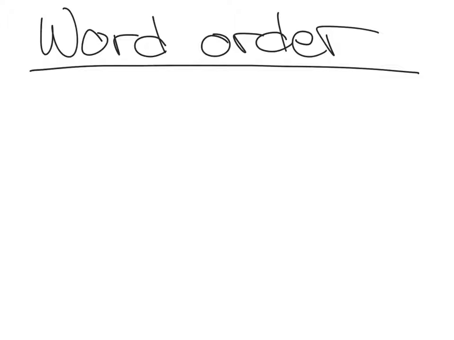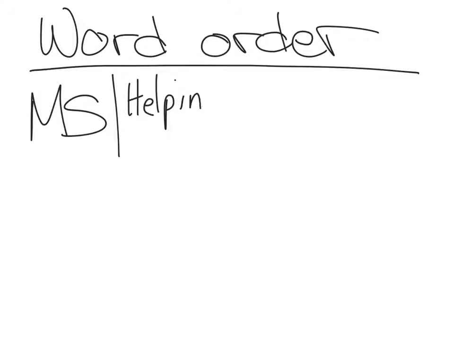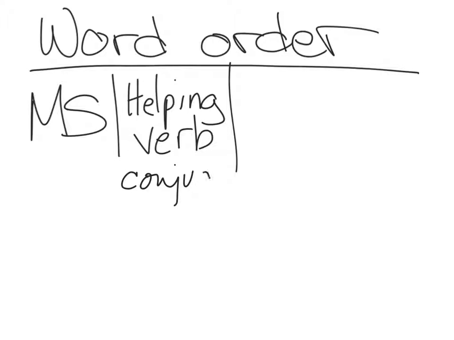Okay, so normal word order for a sentence would be main subject, and you have your helping verb, because the second spot is where your conjugated verb goes. So conjugate that. Then anything else that you need in the sentence.